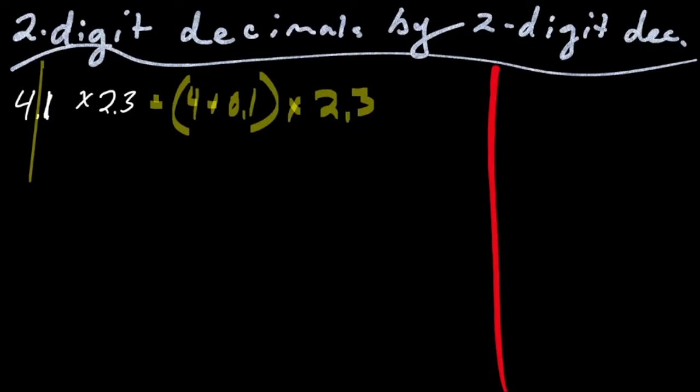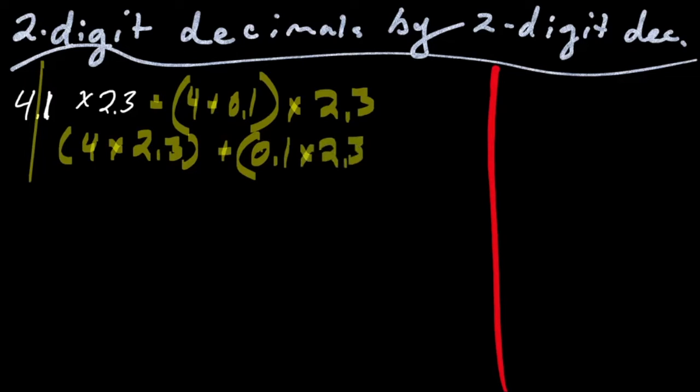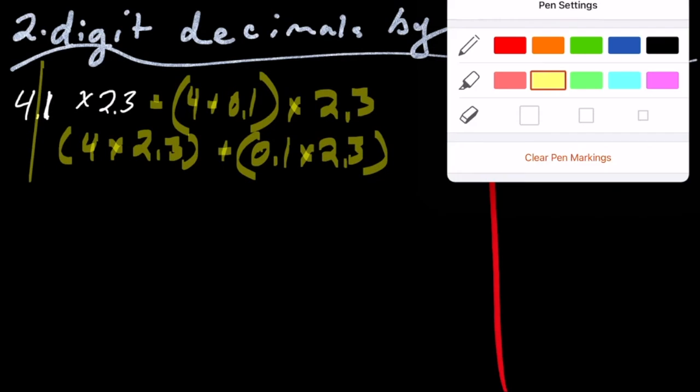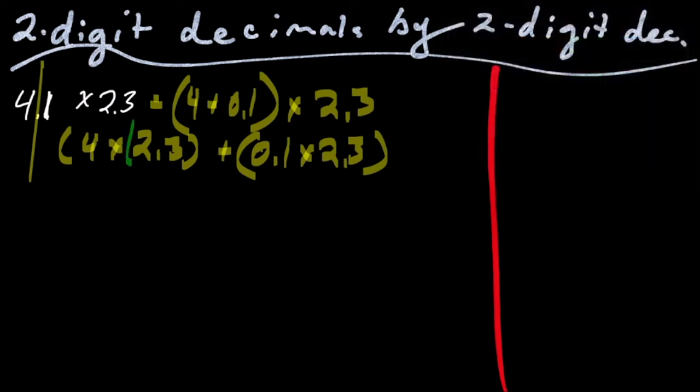And what's happening here is I now can write it as 4 times 2.3 plus 1/10 times 2.3. This might be easy for you to do, but what I can do next is split this up. That looks exactly the same as this kind of problem, so I can split it up even more. So I go 4 times, and I'm going to split these at the place value.